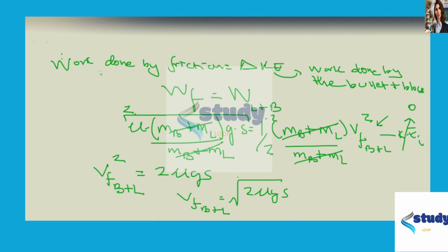We can always ignore the initial velocity, and then plugging in these numbers, we bring the 2 up, so we have 2 mu g s. Okay, we have 2 mu g s, and then the final mass, so 1/2 m final squared.